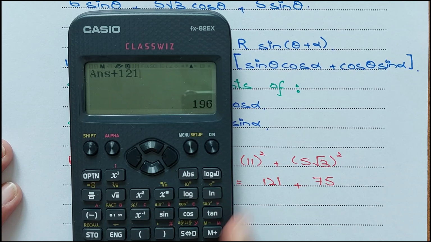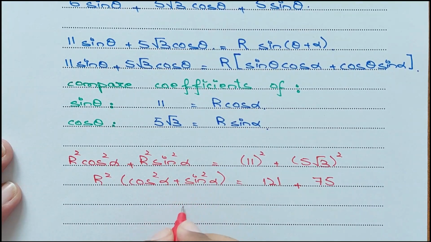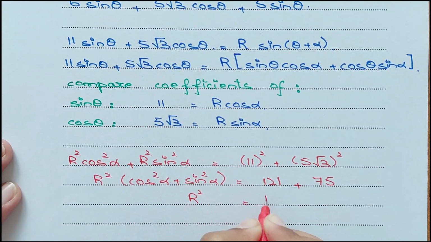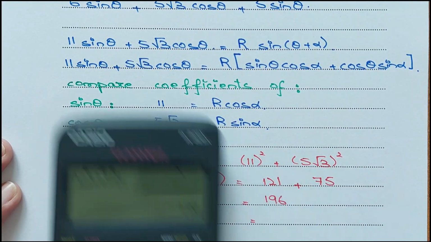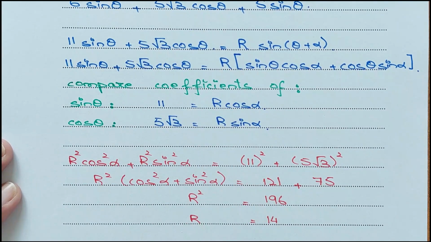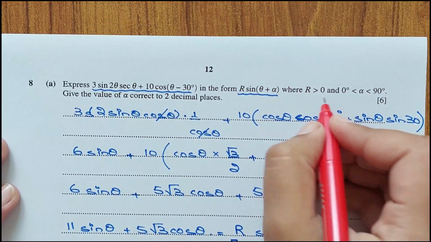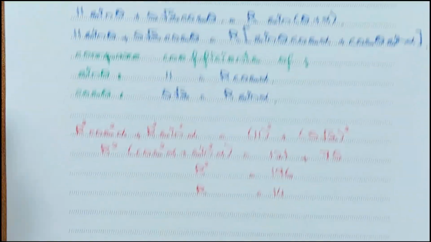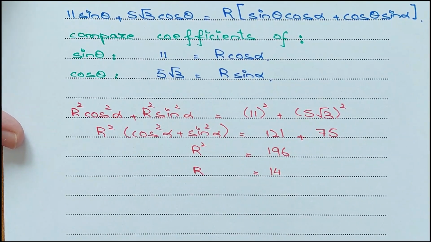Plus 121 is 196. Okay, so r square is 196. To get the value of r, we have to take the square root of 196, which is 14, and this is plus or minus 14, but in the question we have a restriction that r should be greater than 0, so it should be positive 14, right?